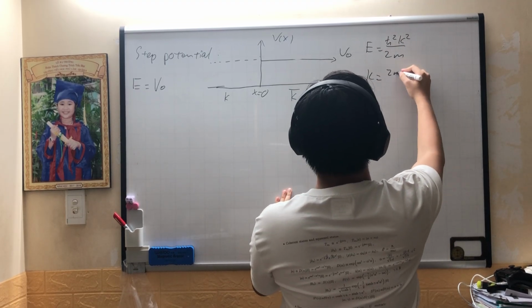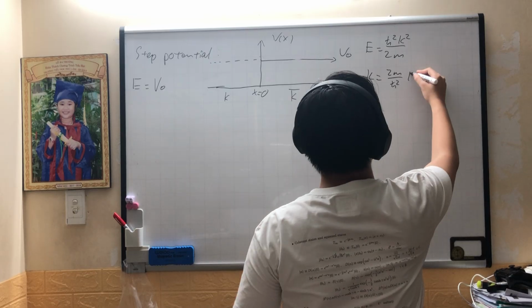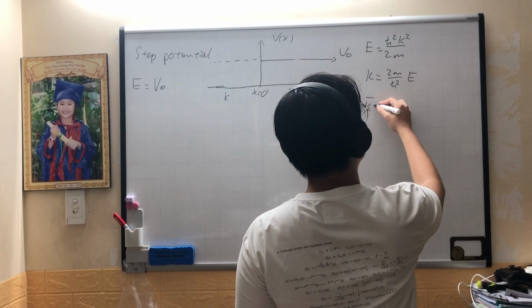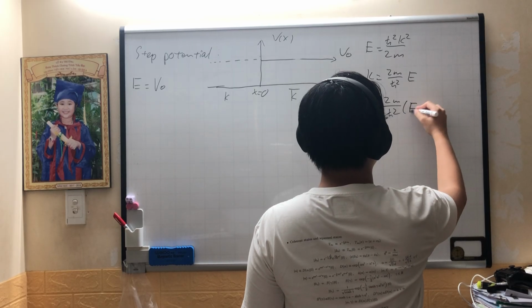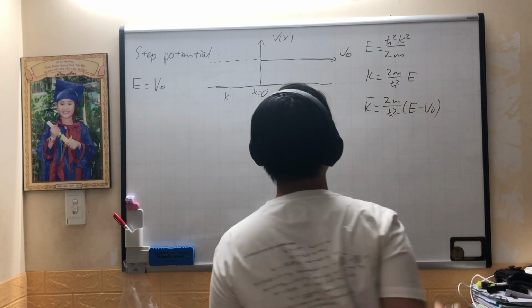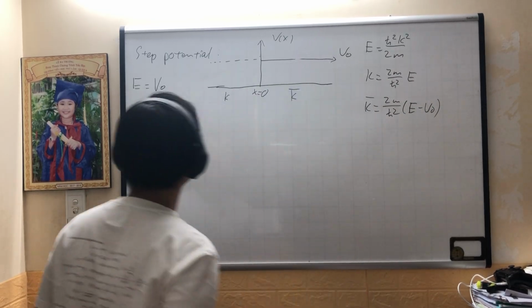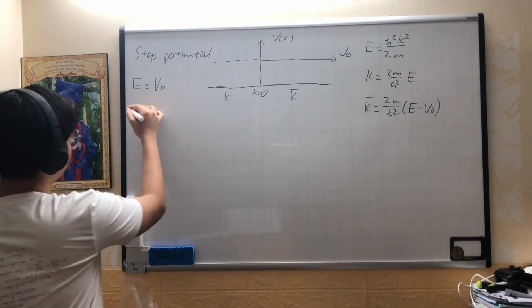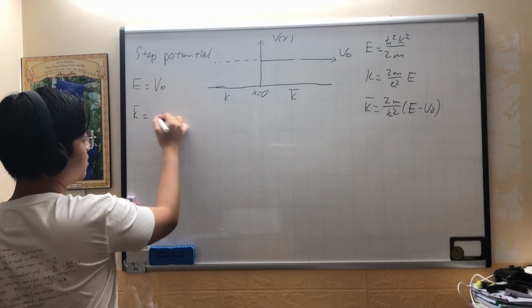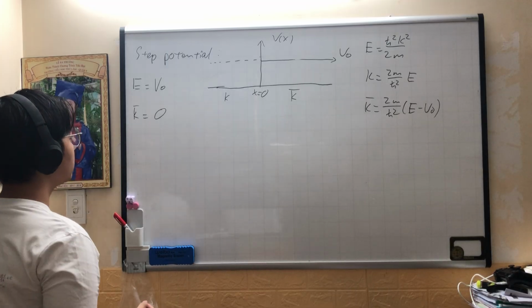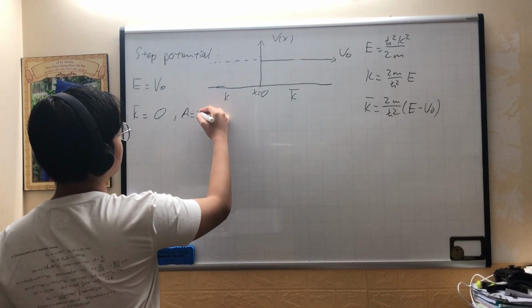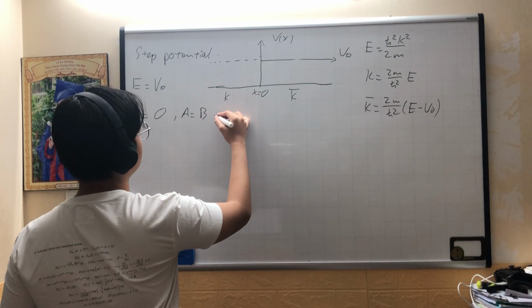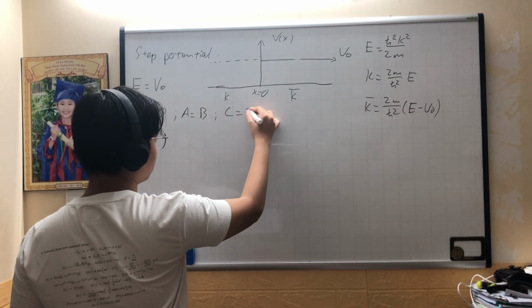K is the square root of 2m over h bar squared times E, and k tilde is the square root of 2m over h bar squared times E minus V naught. Since E is equal to V naught, that means your k tilde is equal to 0. Therefore, A now equals B, and by conservation, C would now equal 2A.